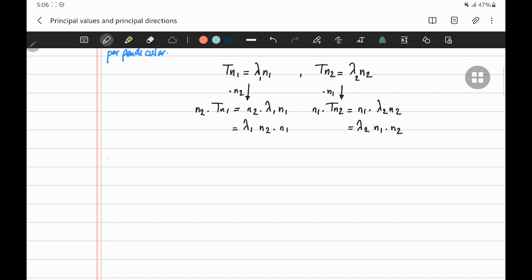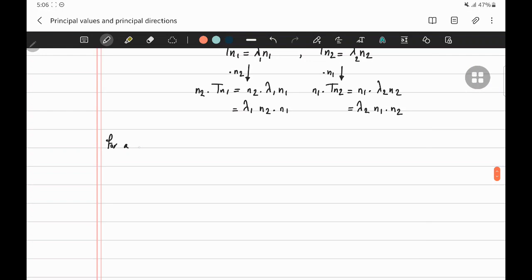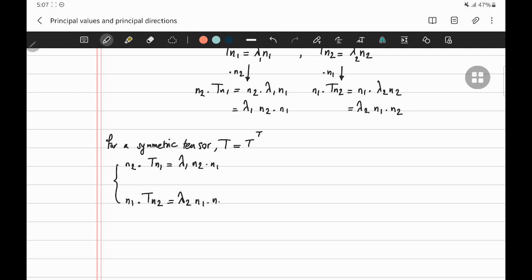Now, because we are talking about a symmetric tensor, T is equal to T transpose. So we have these two equations: n2 dot T n1 is equal to lambda 1 n2 dot n1, and the other one is n1 dot T n2 is equal to lambda 2 n1 dot n2.